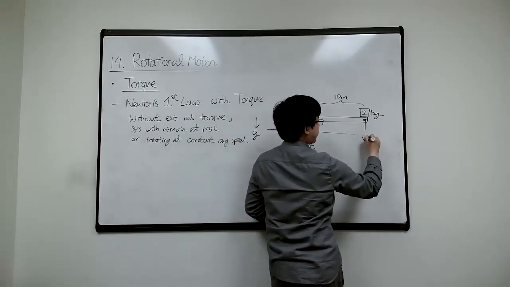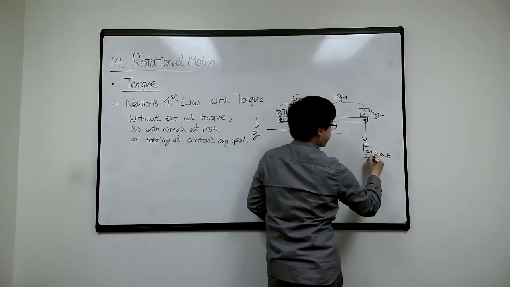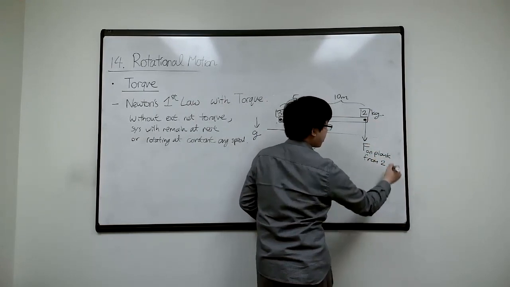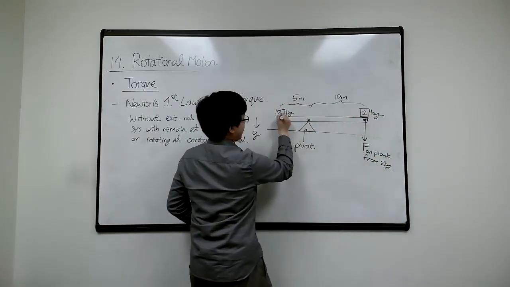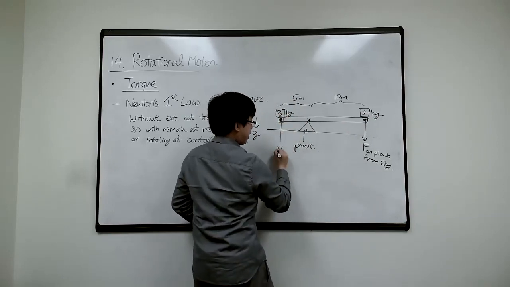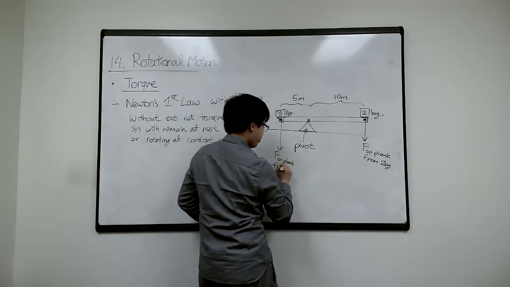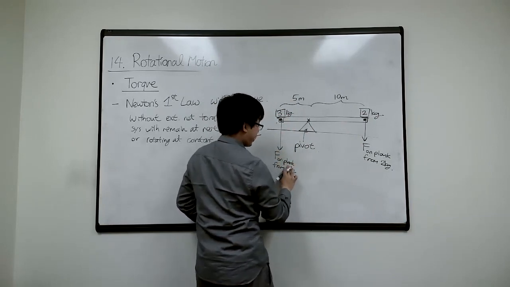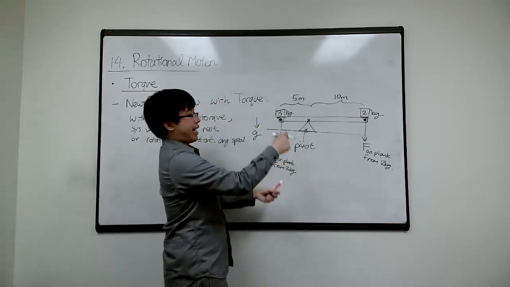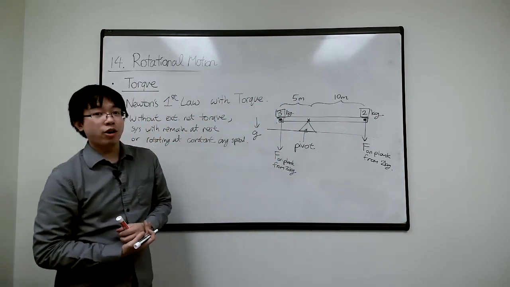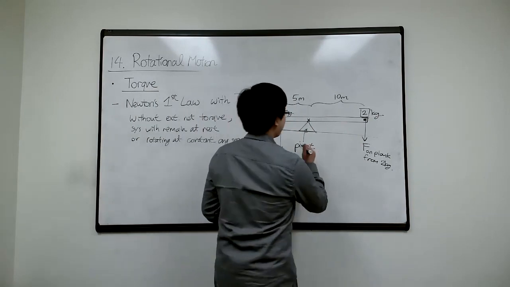So here it experiences a contact force on the plank from the 2 kilogram block, and here from the 3 kilogram block. Can you make a guess which way it will rotate? I don't know before we calculate, but if we calculate this, we might get some insight.